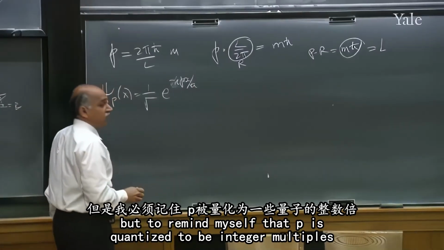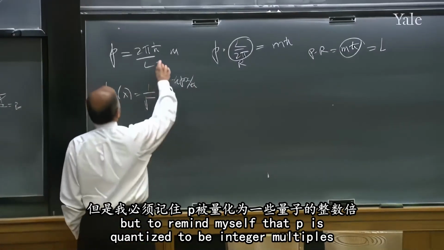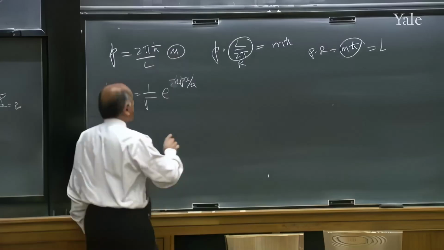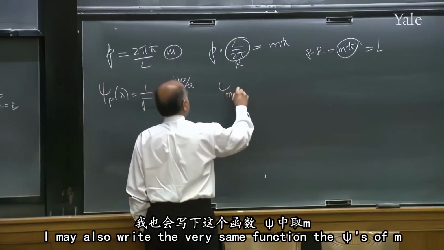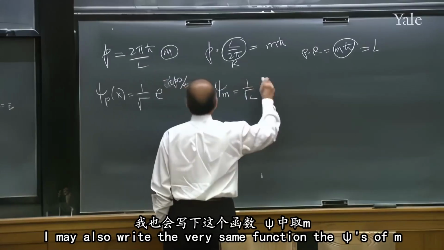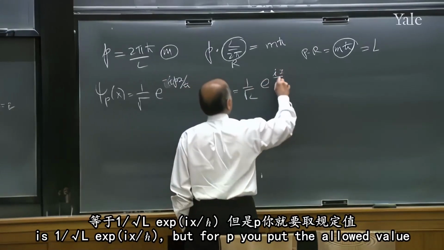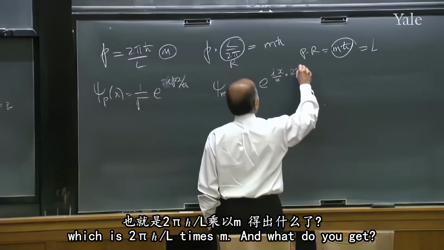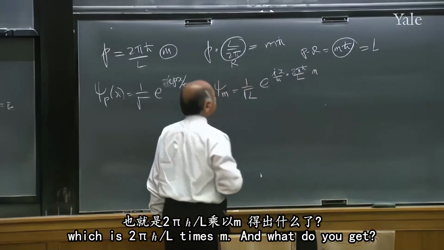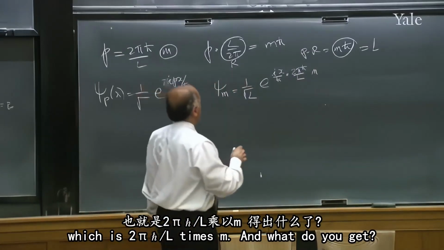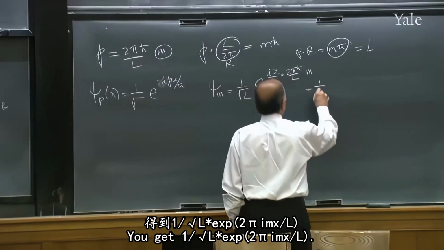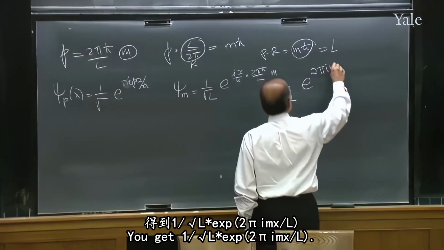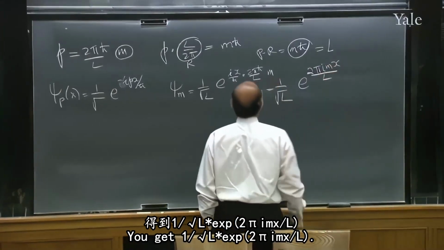But to remind myself that p is quantized to be integer multiples of some basic quantum, where the multiple is just m, I may also write the very same function as psi sub m is 1 over square root of L e to the i x over h bar, but for p, you put the allowed value, which is 2 pi h bar over L times m. And what do you get? You get 1 over square root of L times e to the 2 pi i m x over L.